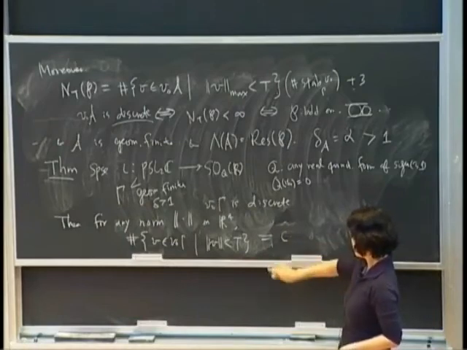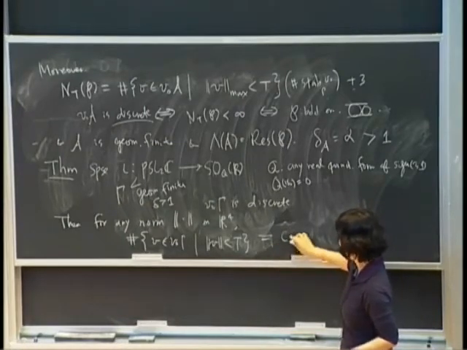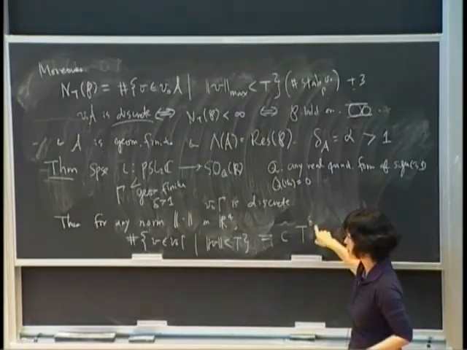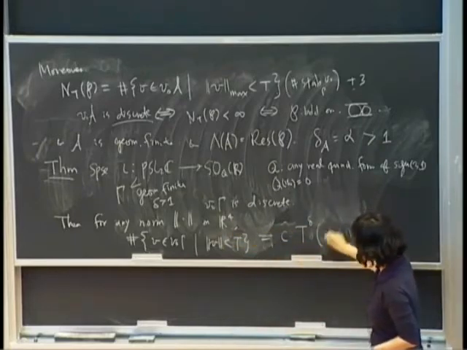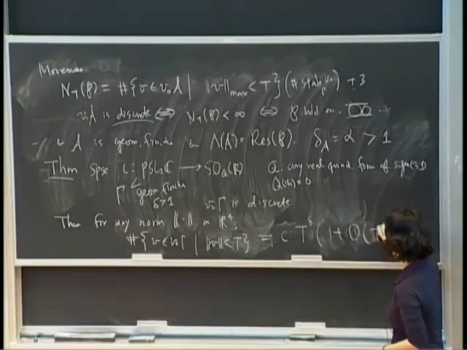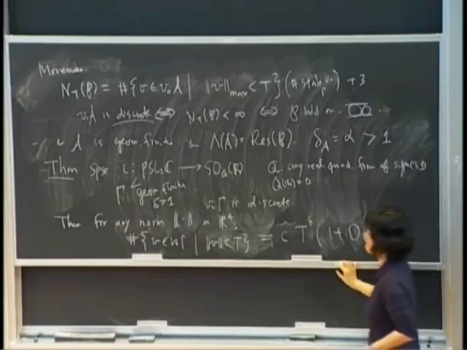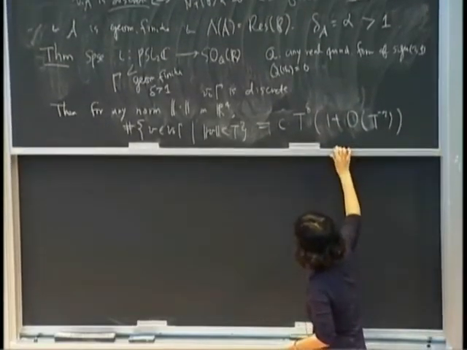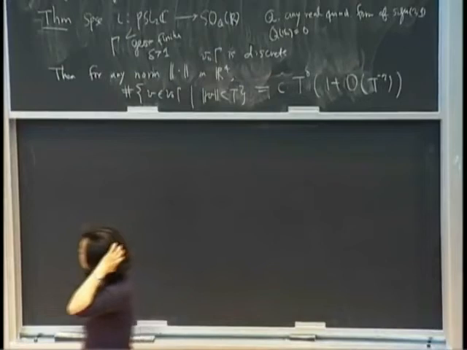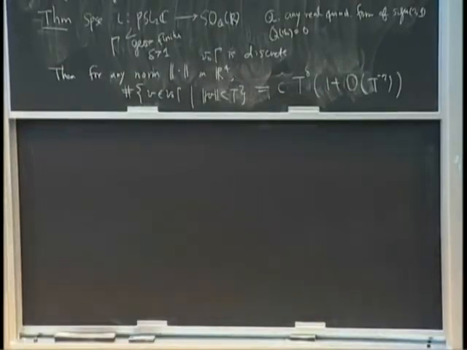Then this is asymptotic to a constant times t to the delta, where delta is the critical exponent of gamma, times 1 plus big O of t to the minus eta. So this circle counting for Apollonian packing is a special case of the theorem via that interpretation.